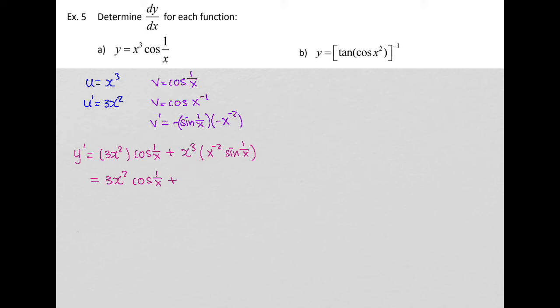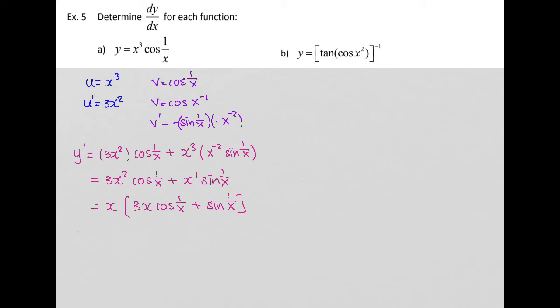When you multiply those two powers, you add the exponents together. So 3 plus -2 just becomes x to the exponent 1. And now, what do they have in common? They have x in common. So let's factor out the x. And that's our final answer.